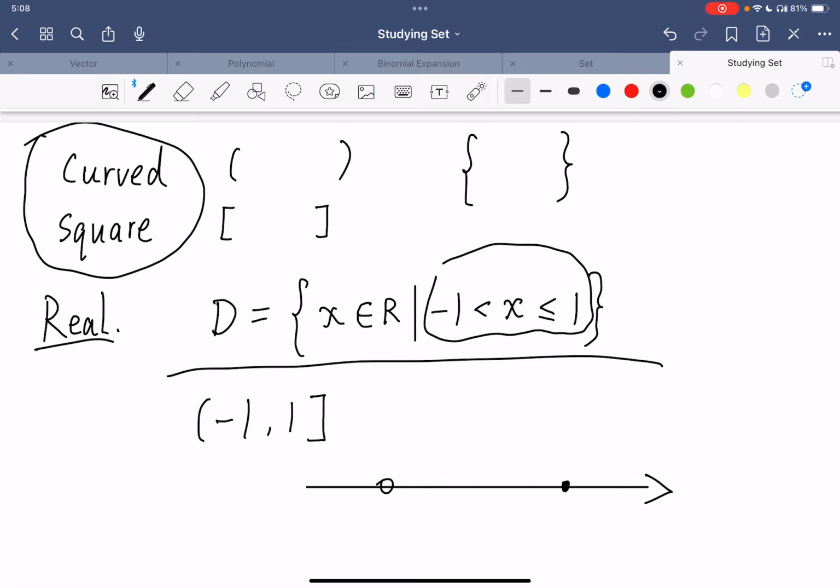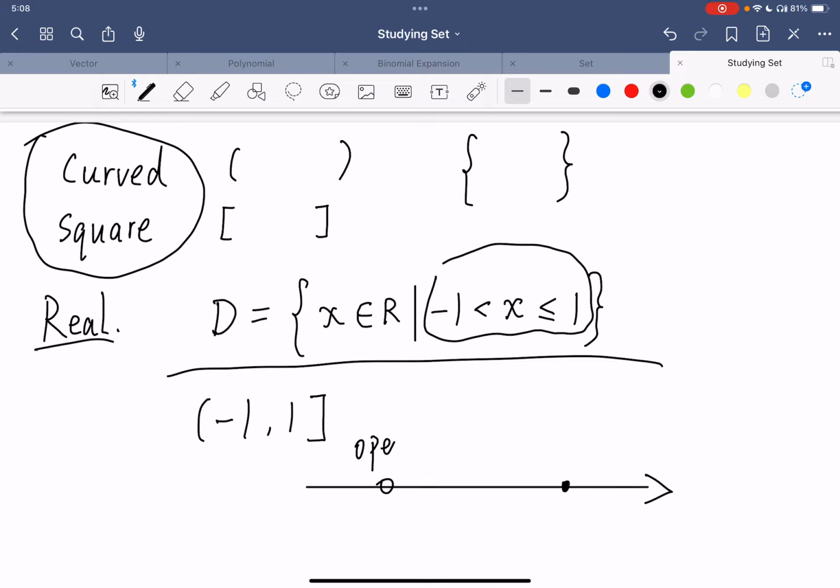So the opening interval is for excluding, and the closing interval is for the case that might be equal.